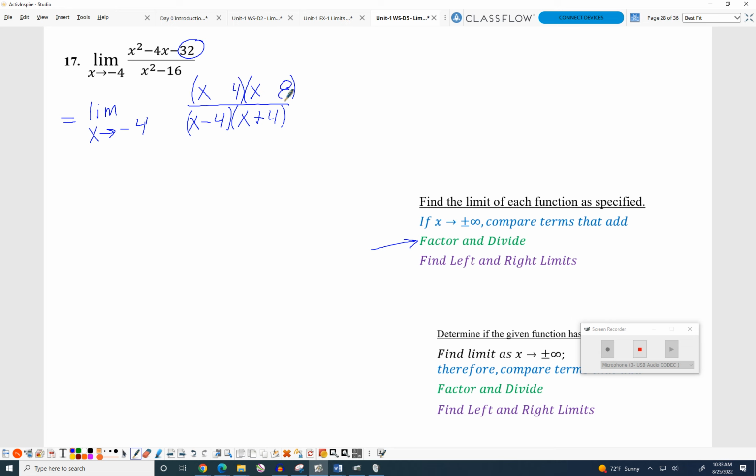Now all I do is multiply it out. So I take x times x and I just write it over to the side here. That's x squared. And I would have 8x. Then 4x. Then 32. I don't put in any plus or minus.